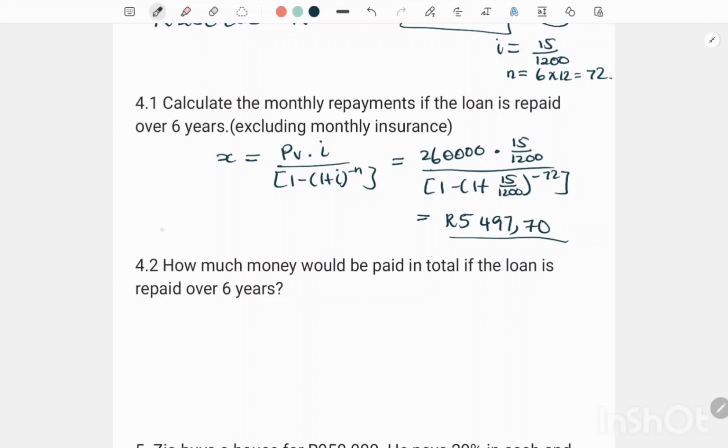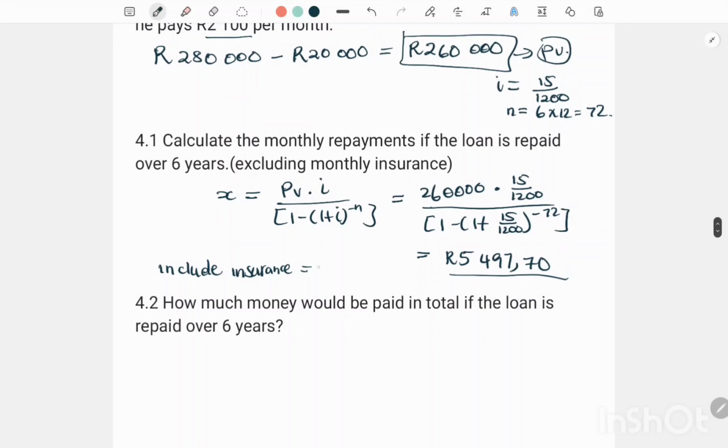So let's see when they include insurance. You're just going to add the values: 5,497.70 plus 2.1.